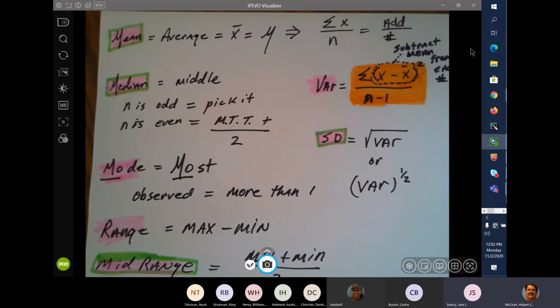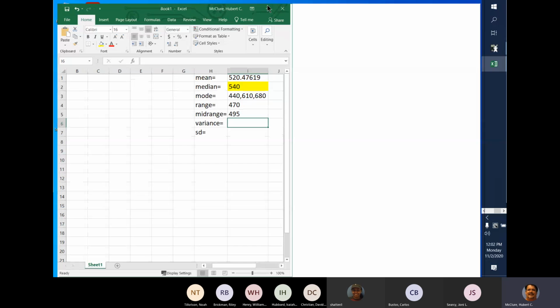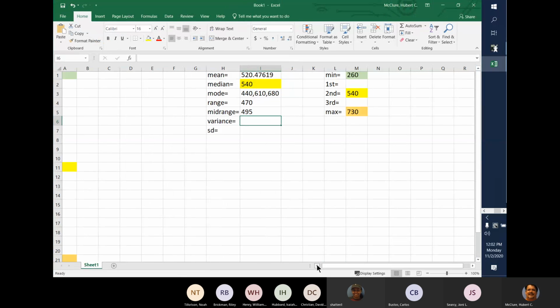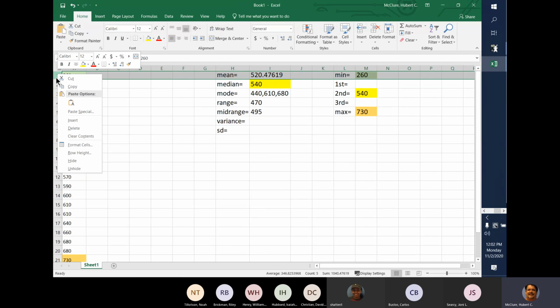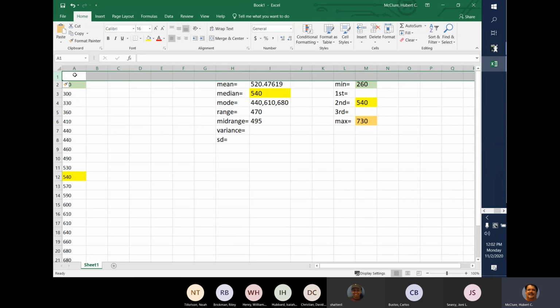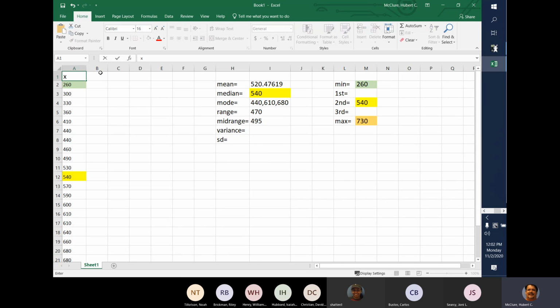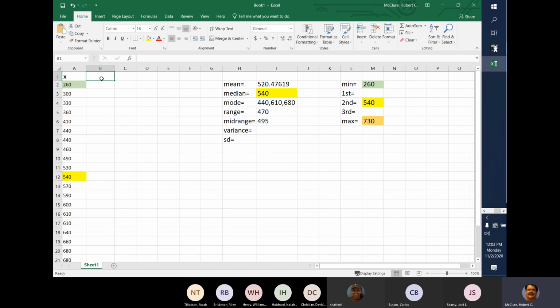So let's take it back to the handy dandy spreadsheet. So I'm going to insert a row here. And I'm going to call this X. So this column right here is going to be X minus X bar. Now, this is what you need to be putting in your notes. You don't have to draw every single one, but maybe the first, the middle, and the last, so you'll know what's going on.